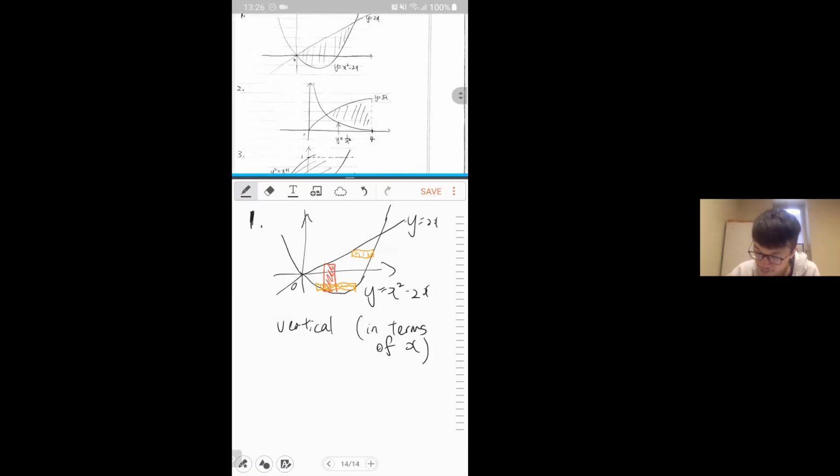All right, for the second one, vertical or horizontal? So in this example, do I do vertical or do I do horizontal?